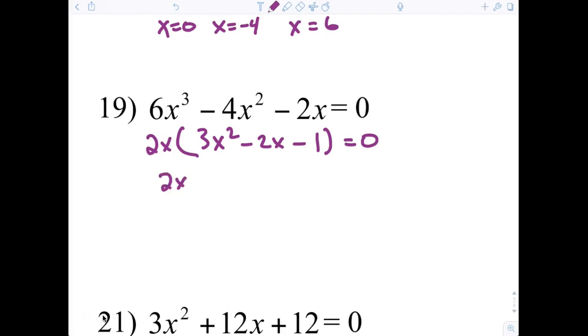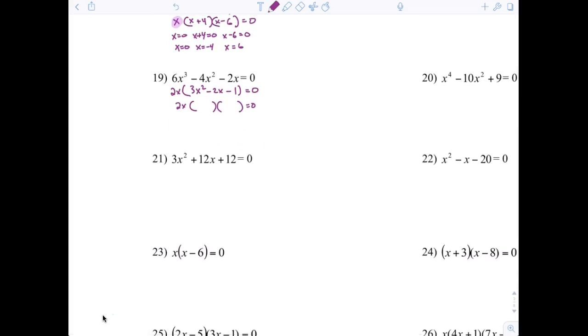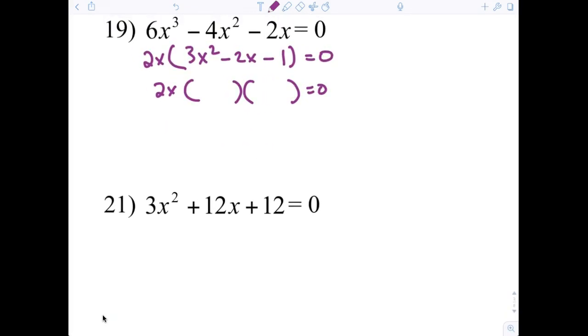Now, 2 sets of parentheses. I want someone else to tell me. Jack, what do I got here on 19? 3x and x. Yeah, and the only factors for 1 are 1.